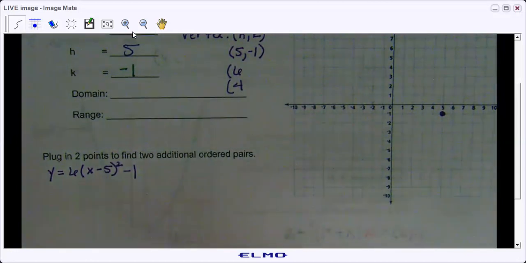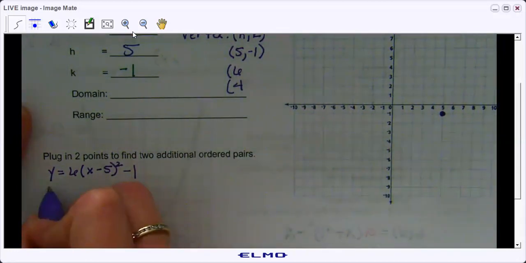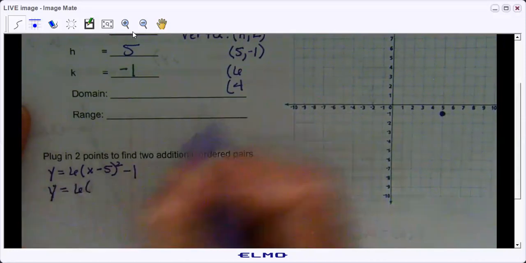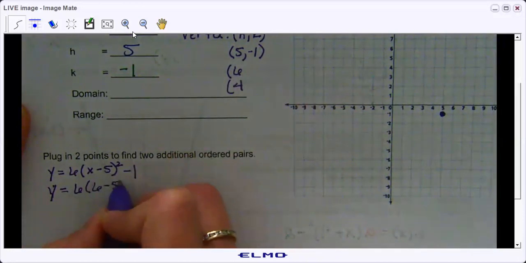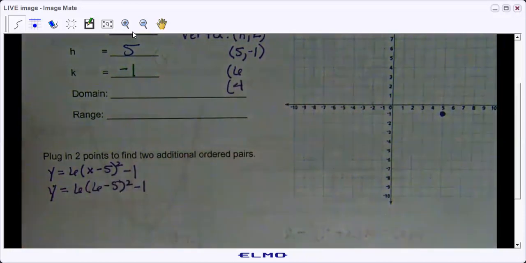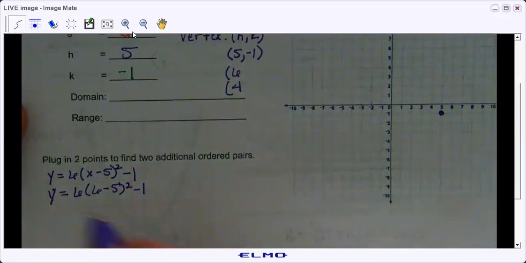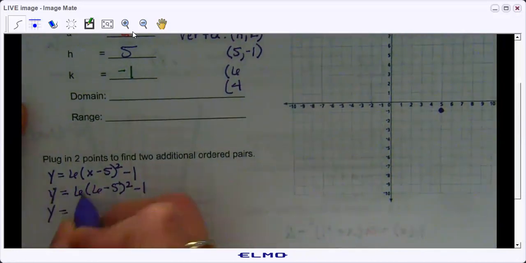So in this case, we have y equals 6 times, and I'm going to use this ordered pair up here for x, 6 minus 5 squared minus 1. And now I can solve for y. So y equals 6 times 6 minus 5 is 1.